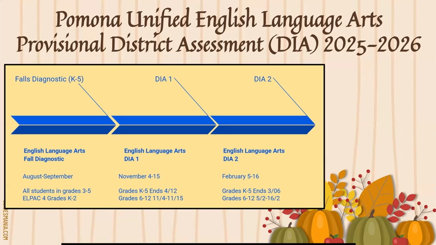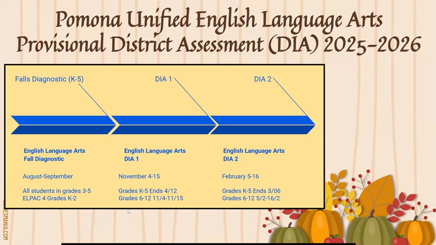DIA 1 is given in the month of November, from approximately November 4th through the 15th. And this is for grades kinder through 5th, as well as 6th through 12th grade on those dates that we have there. Then we have the DIA 2, which is, once again, the English Language Arts DIA 2.